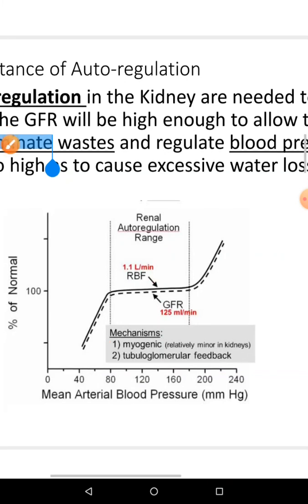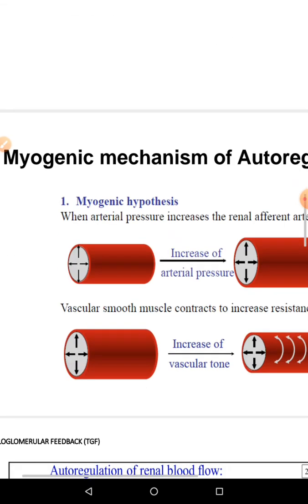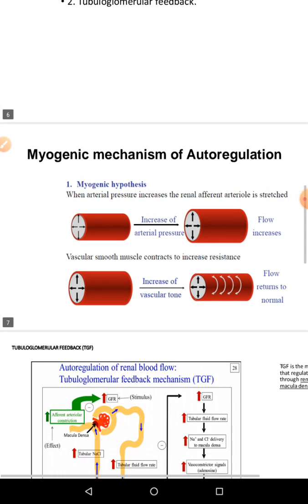So we'll start by looking at the myogenic mechanism. Myo means muscle, genic meaning originating from the muscle. We know there are smooth muscles within the arterioles. So what does the myogenic hypothesis state?